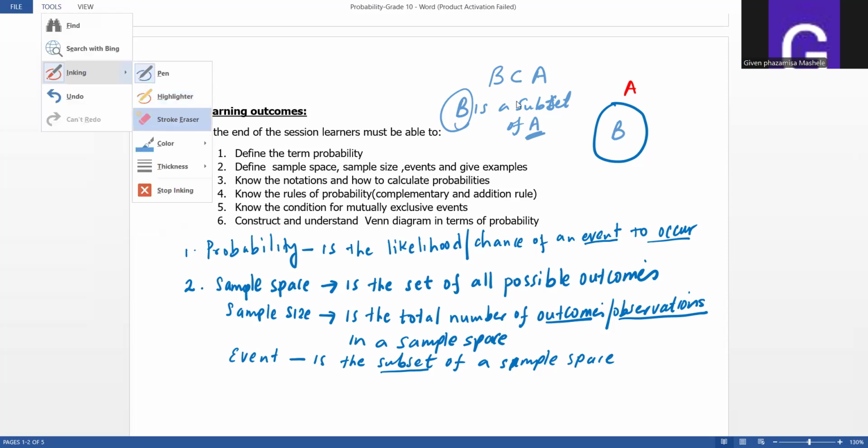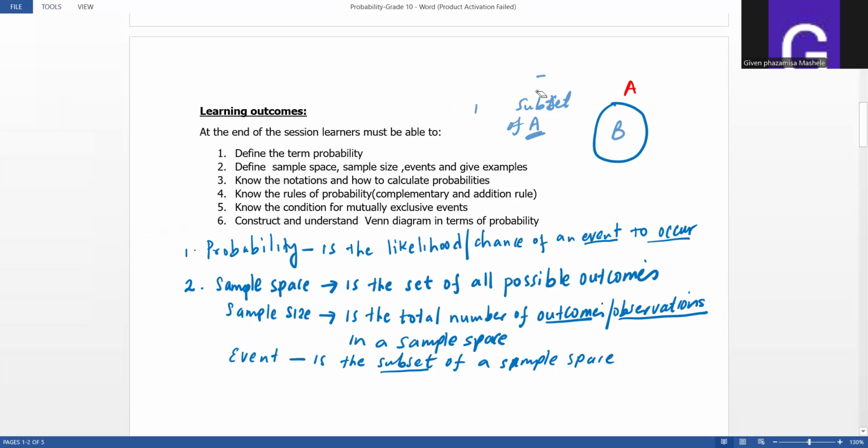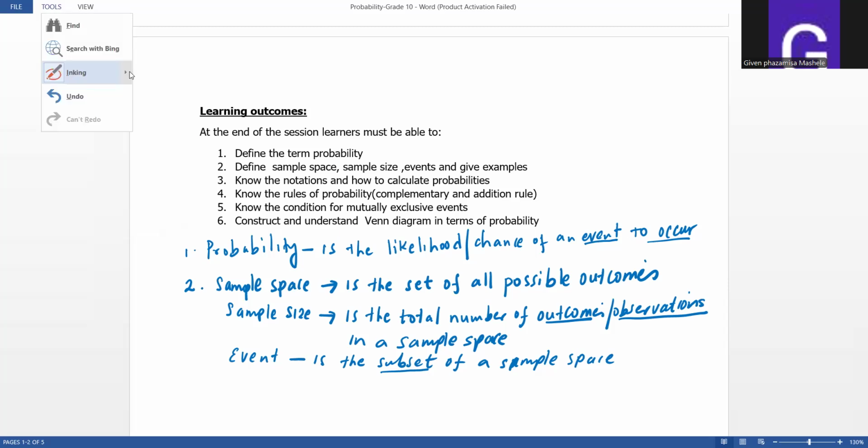So an event is a subset of a sample space, whereas a sample size is the total number of outcomes or observations in a sample space, whereas a sample space is the set of all possible outcomes in an experiment. Right.